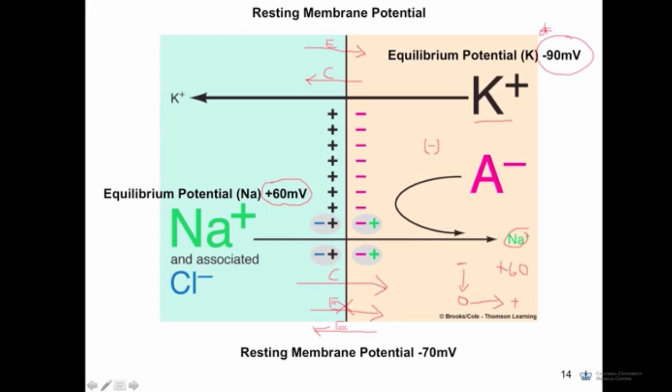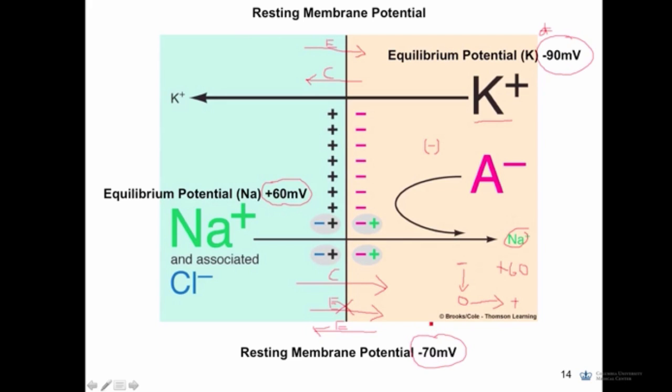And there's no more net driving force for movement. Now, we know that sodium wants the cell to be at positive 60 because that's when it's at rest. Potassium wants the cell to be minus 90 because that's when it's at rest. The real resting potential of the average cell is minus 70.